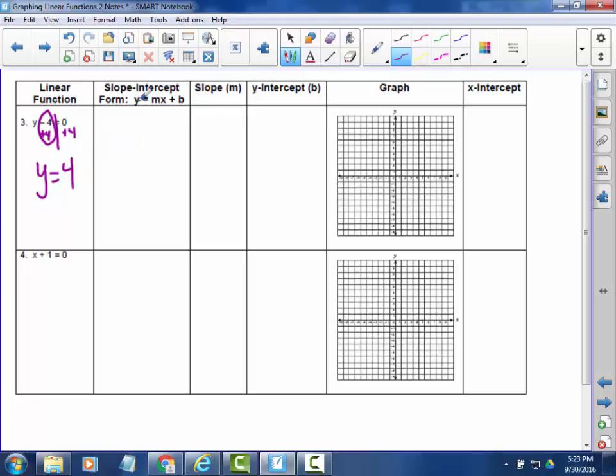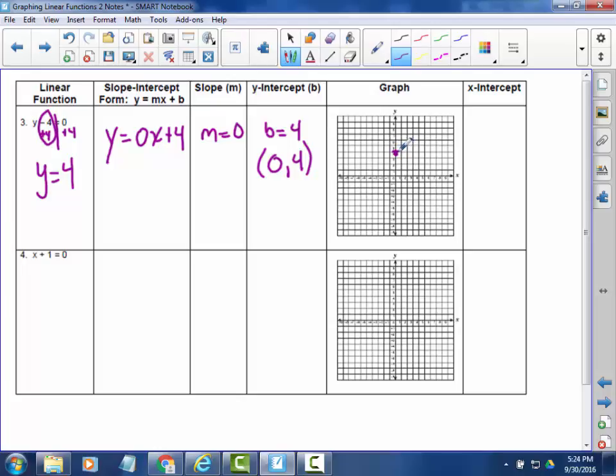Well, all right, to get the slope-intercept formula for the x, I don't have an x, but I do know that y equals 4. That'll be a horizontal line, and horizontal lines have 0 slope, so it would be 0x plus 4. So the slope is 0. The y-intercept is 4. So the coordinate of the y-intercept is 0, 4. So we count 1, 2, 3, 4.